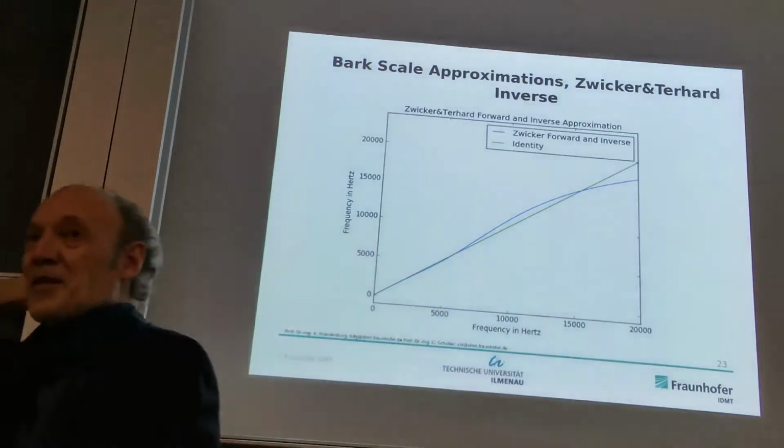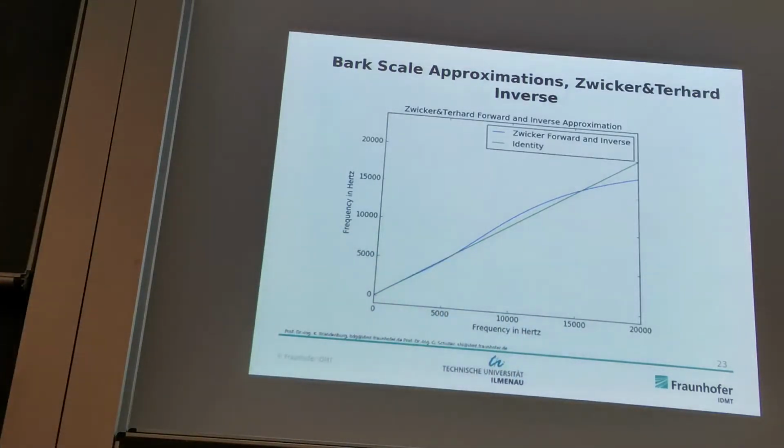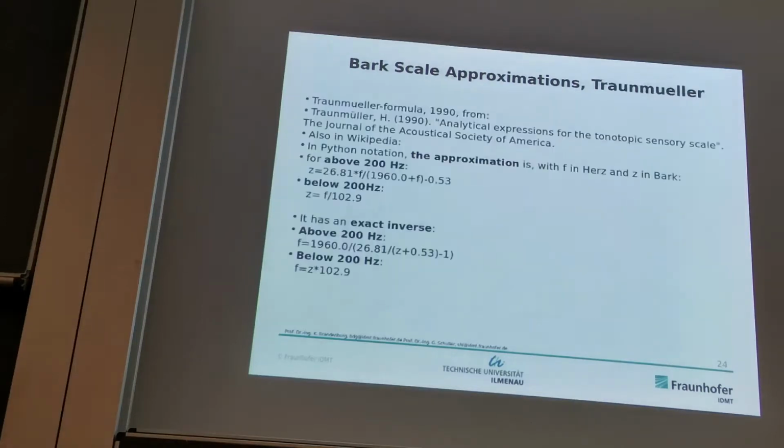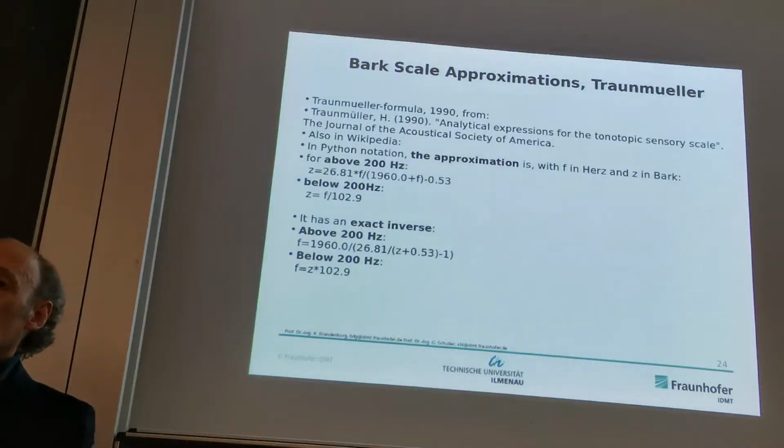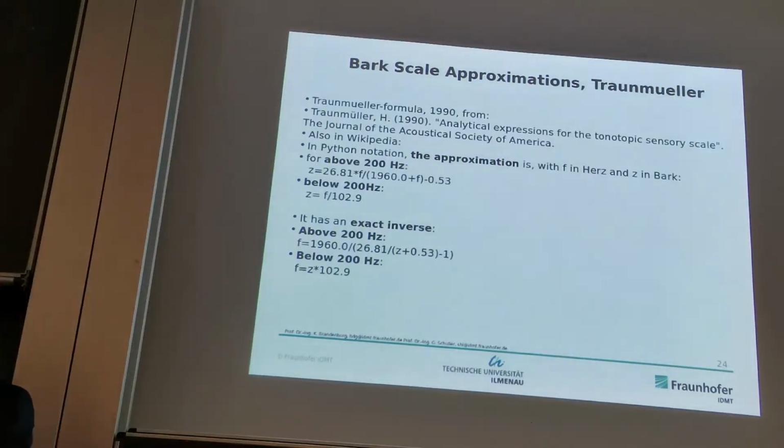So this is basically making it unusable for audio coding. Too many deviations, too big deviations. So that's why we have to look for something else. We want to have something which has an exact inverse in order to avoid those shifting of frequencies.